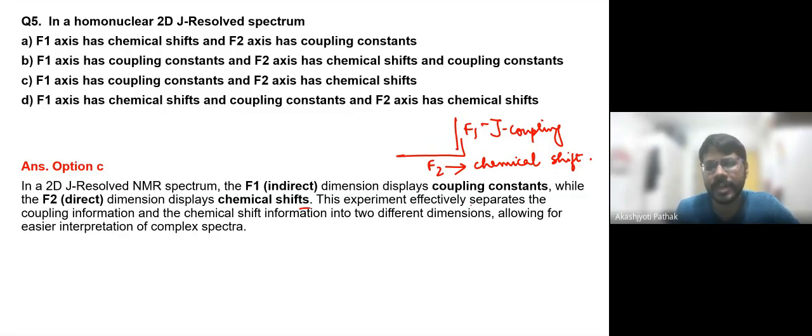This experiment effectively separates the coupling information and the chemical shift information into two different dimensions, allowing for easy interpretation of the complex spectrum. Okay, so this point is clear, right?